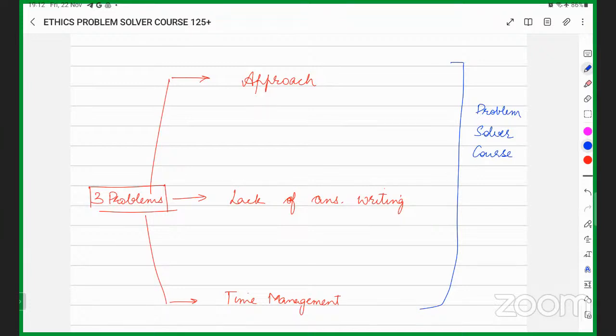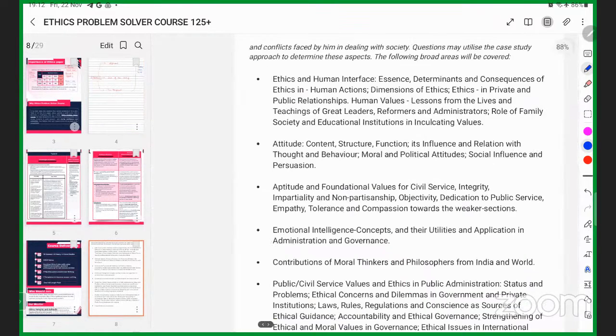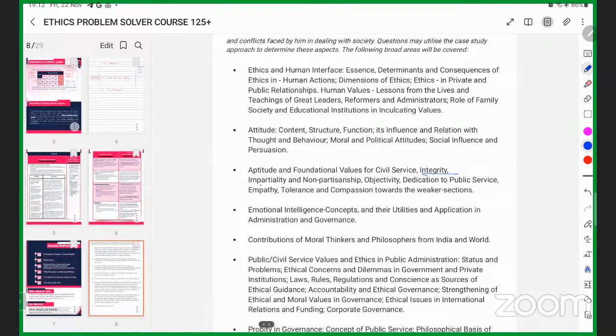The approach of the majority of candidates preparing for ethics is that they will go through the ethics syllabus and look for the keywords. Say there is a topic in your ethics syllabus, aptitude and foundational values. The candidates will look into the subtopics given underneath it, like integrity, impartiality, non-partisanship, objectivity, dedication, tolerance, empathy, and compassion.